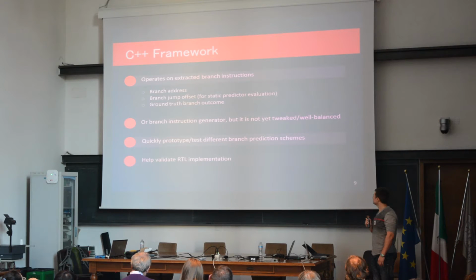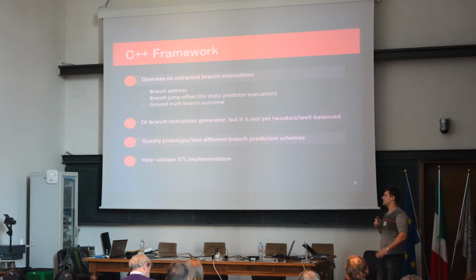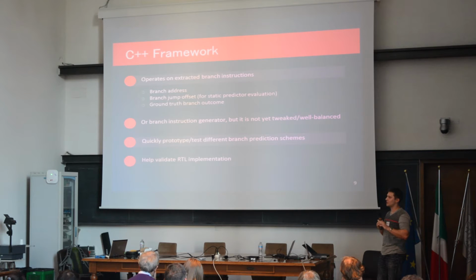So we also have a generated code, but it's not yet well tweaked. It's based on the statistics, so it uses the percentage of forward branches, backward branches, and then the percentage of times this exact same branch had the same result as the previous execution of this exact branch.